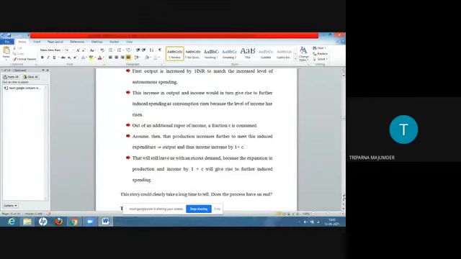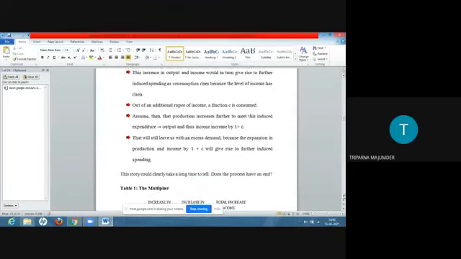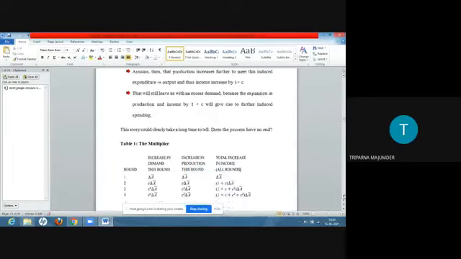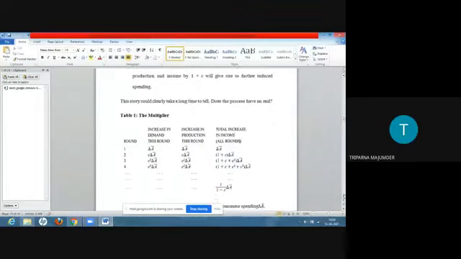That will still leave us with an excess demand, because the expansion in production and income by 1 plus C will give rise to further induced spending. This story goes on. Now, there must be an end to this story. We will first understand this more explicitly and then come to the final value of the multiplier.